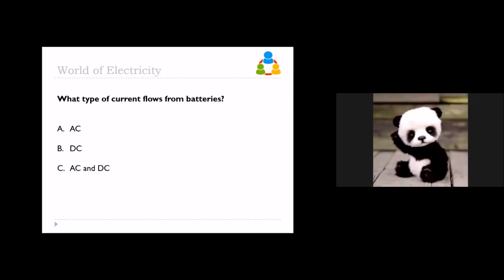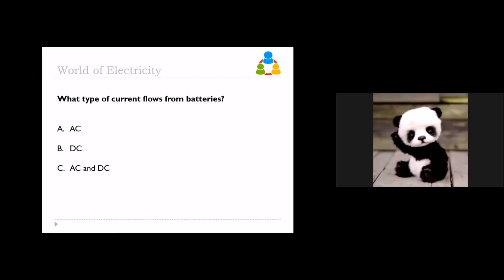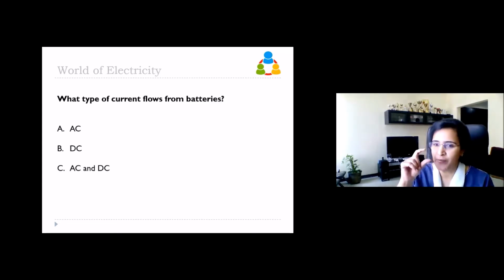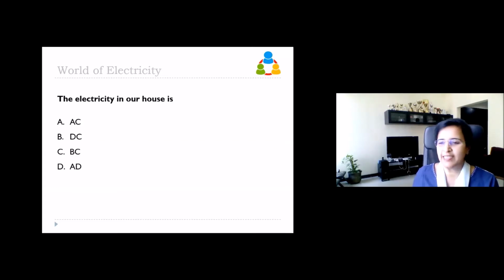From the battery, what type of current flows? DC. Yes, it is DC, right? Yes, Sriyesh, Avantika, Gilbert, Sriyesh and Sritikesh, everybody has it. So from our battery, it is DC current. But when we plug into the socket outlet, it is giving us AC current, the electricity in our houses.